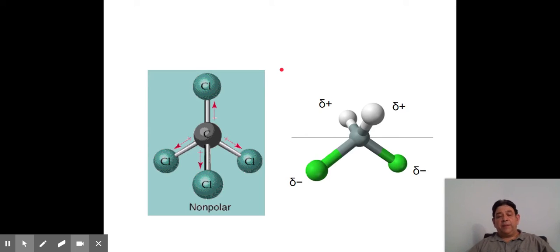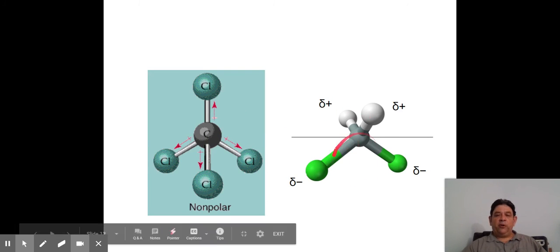Here's a couple others. This is an example of two molecules: one's a nonpolar molecule, the other one's a polar molecule. The one on the left here is CCl4. The one on the right is CH2Cl2. The difference between this one and this one is that two of these chlorines have been substituted with hydrogens over here.